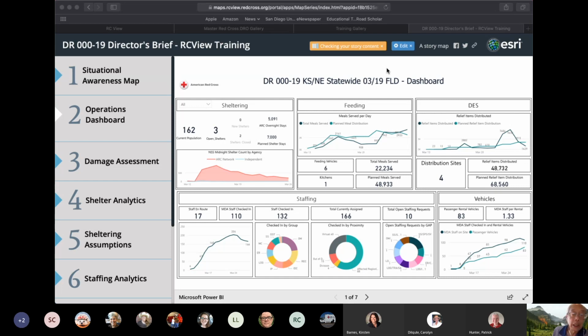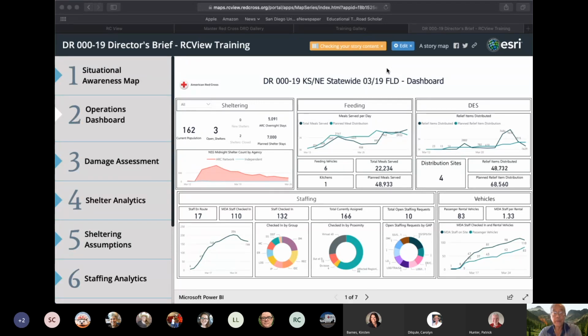People ask me, where does the 5266 go? Seems like I'm just filling in the information. I don't know where it goes or how it's used. Well, this is how it's used. That information is uploaded from the 5266, I should say.